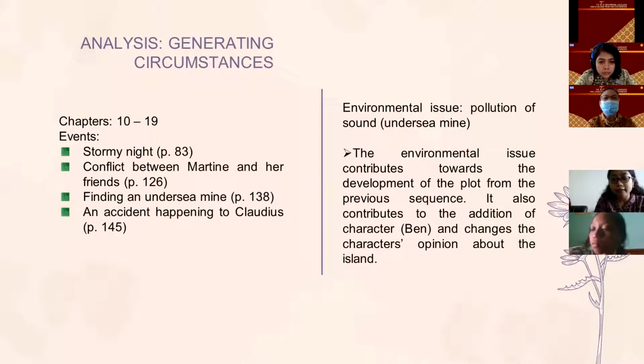And then we see that this issue contributes towards the development of the plot from the previous sequence. It also contributes to the addition of a character, which is Ben, and changes the character's opinion about the island. Because on the first stage, Ben does not notice the issue on that island.